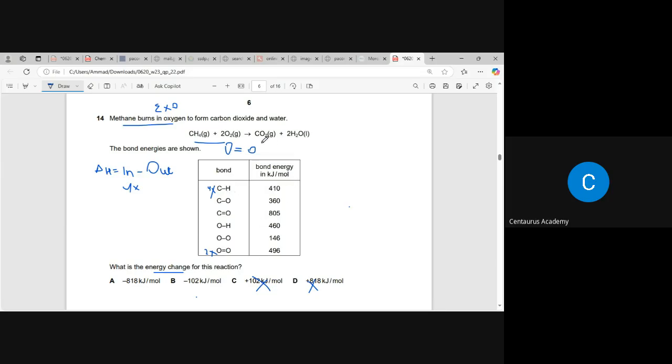This is energy which is given in. Energy which is given out is carbon, oxygen double bond. So 2 of these, one molecule has 2 of these bonds, and this is going to be total 4. 4 times 460, 4 oxygen hydrogen bonds. This is the energy which is given out.